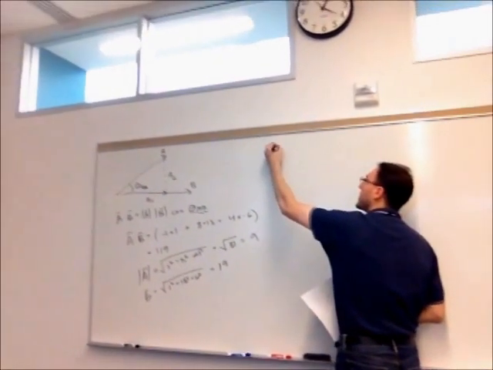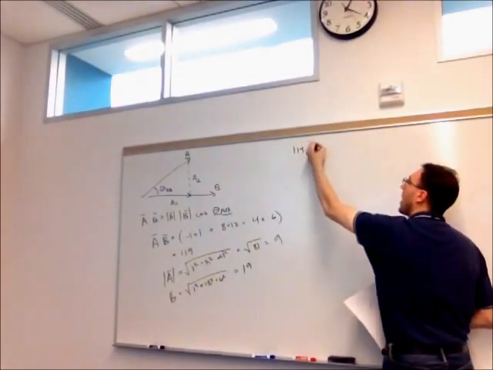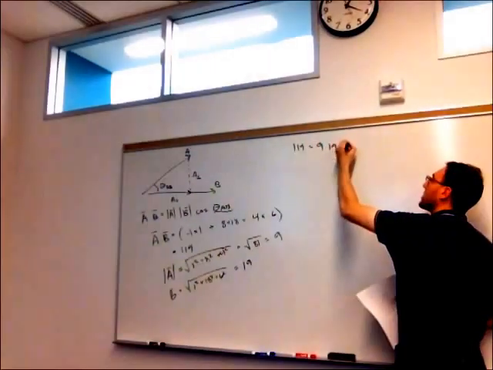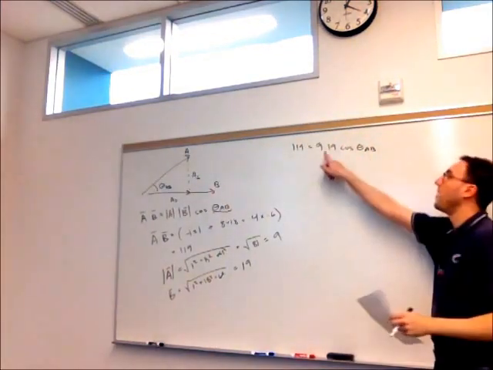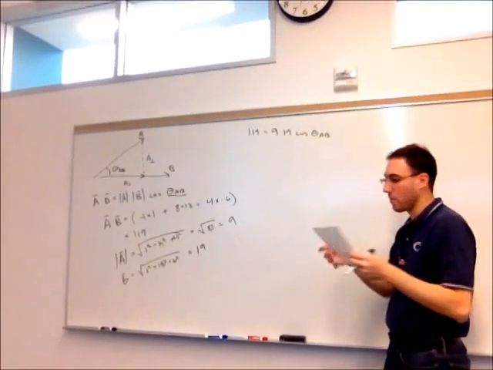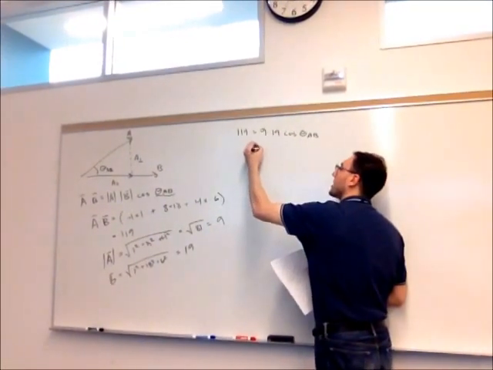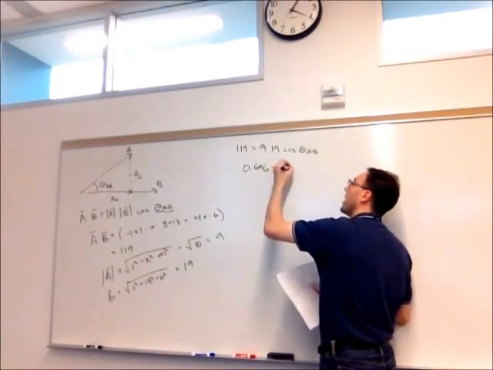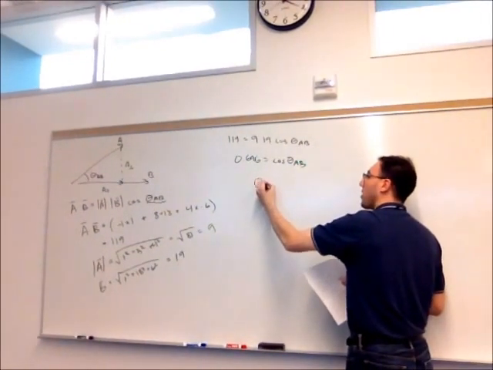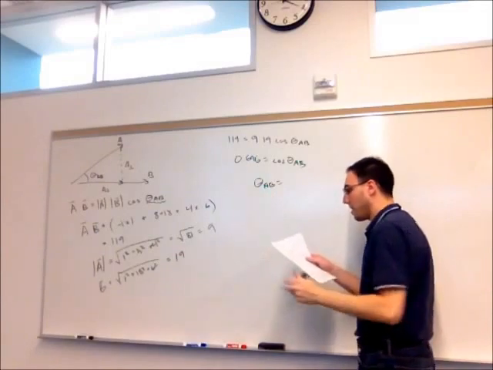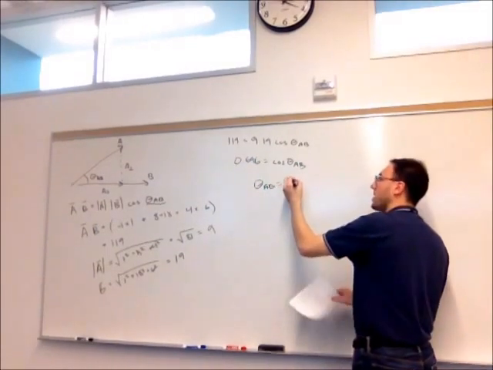So 119 is equal to 9 times 19 times the cosine of theta AB. Divide through by 9 times 19. We're going to get 0.696 is the cosine of theta AB. Take the arc cosine of both sides. We get 45.9 degrees.